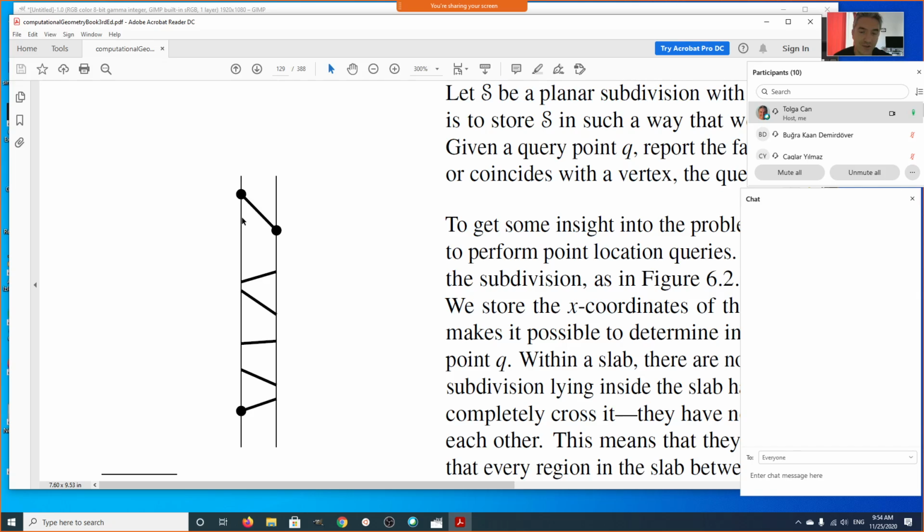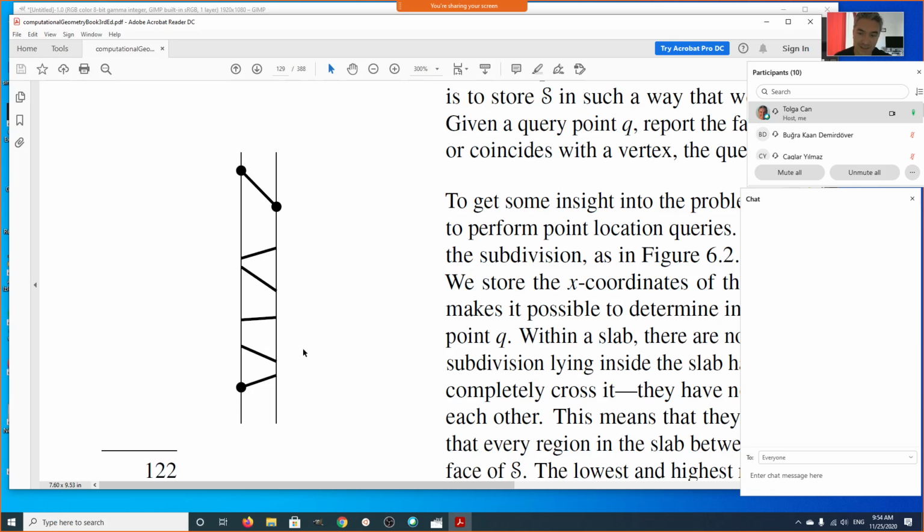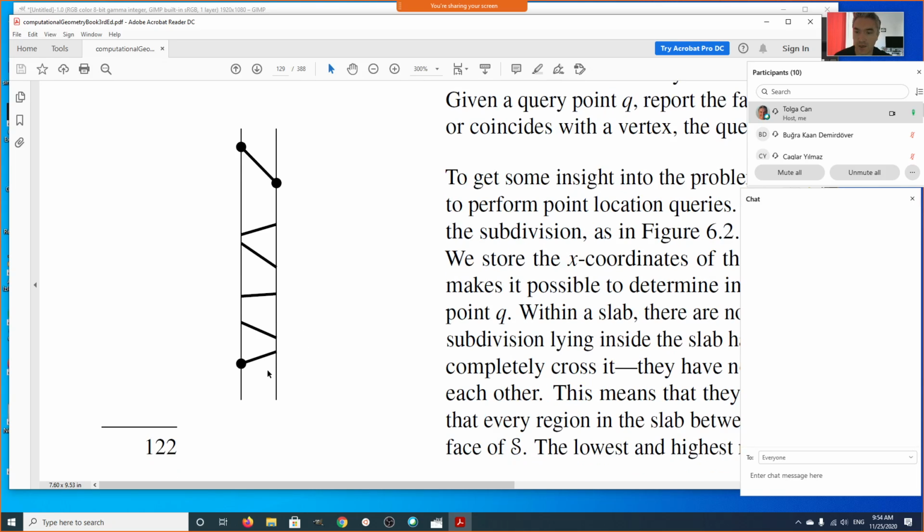So there will be no intersections here, no vertices inside this vertical slab, which tells us that it's possible to order the regions inside this vertical slab from bottom to top. We're actually sorting the segments that cross them. If we sort the segments from bottom to top, there's a total order among them because they do not cross each other. We can also perform binary search on the vertical slab.